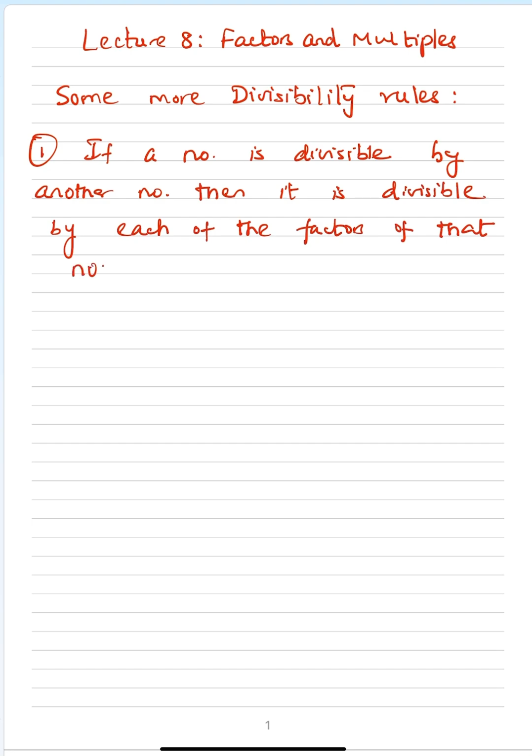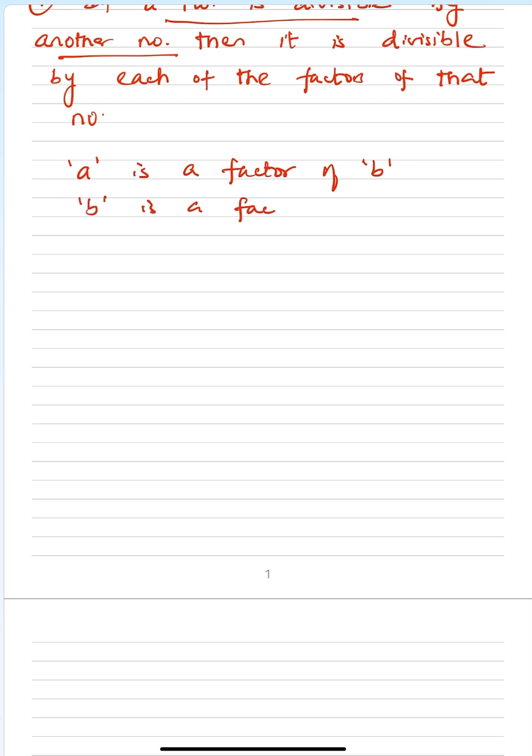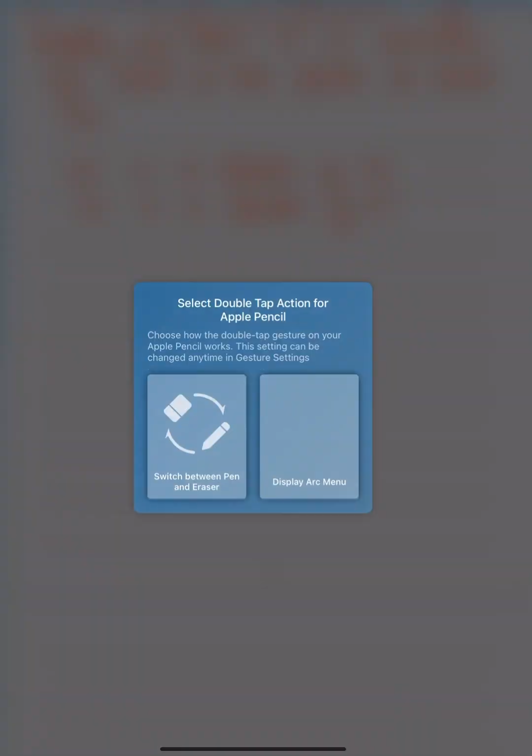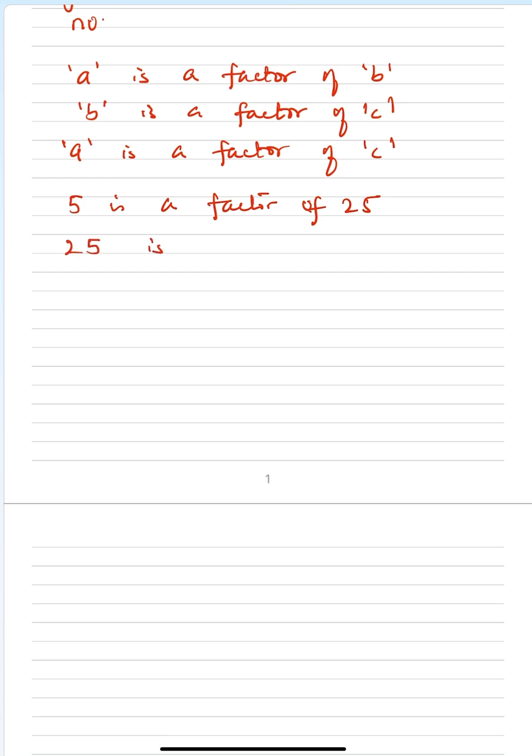Now this statement tells us that if a number is divisible by another number, then we can say that if A is a factor of B, and B is a factor of C, then A is a factor of C. Suppose 5 is a factor of 25, and 25 is a factor of 75.